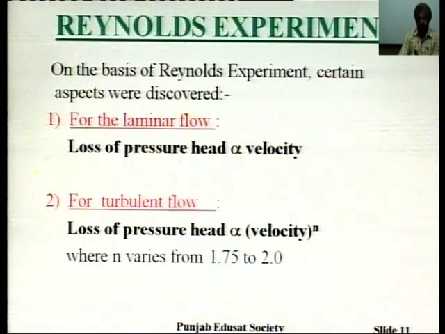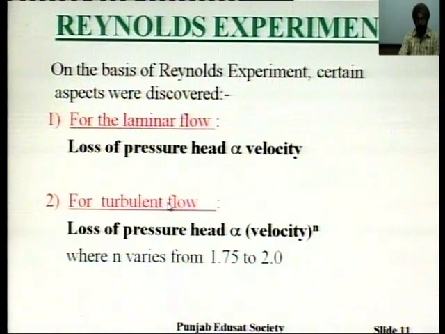Now there are certain aspects which were discovered on the basis of this Reynolds experiment. The first one is, for laminar flow, the loss of pressure head is directly proportional to the velocity. This is the first aspect observed by Reynolds.